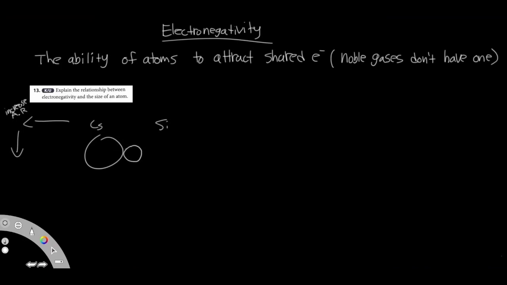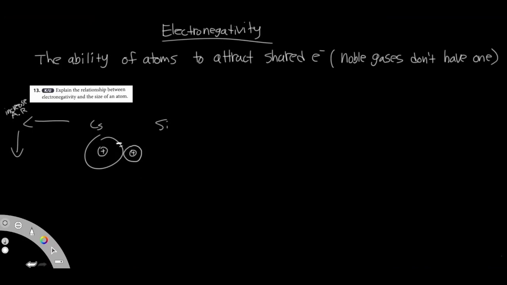Now, the electronegativity difference between the two. We have positive here for the silicon. There is electronegativity for these electrons, and these electrons here on this silicon and these electrons on this cesium, as you can see, they are extremely close together.